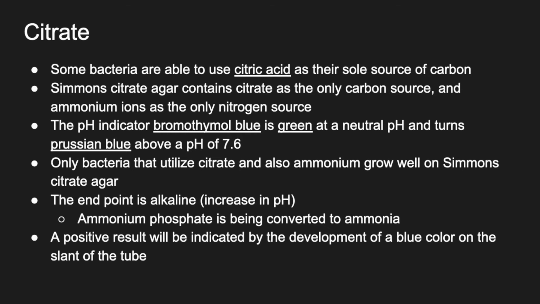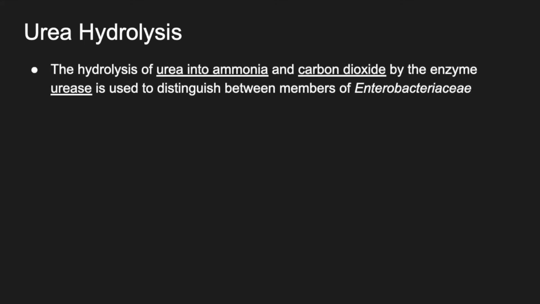All right. So the last thing we're going to talk about before we start getting to results is urea hydrolysis. Okay? Urea hydrolysis, the hydrolysis of urea into ammonia and carbon dioxide by the enzyme urease. So one more time, there's a lot of underlines there, but they're all important.